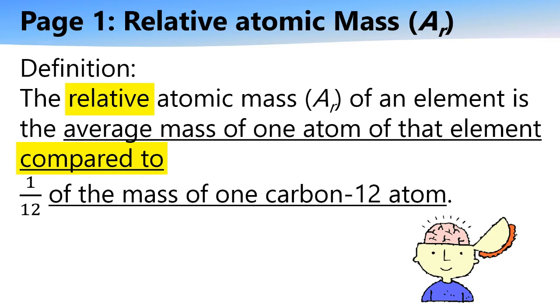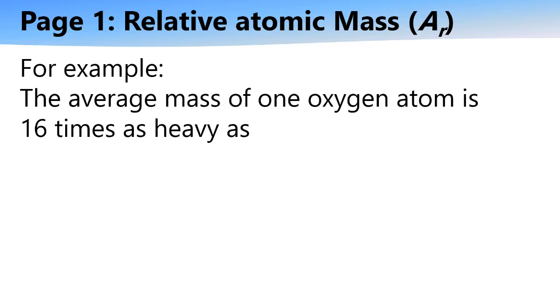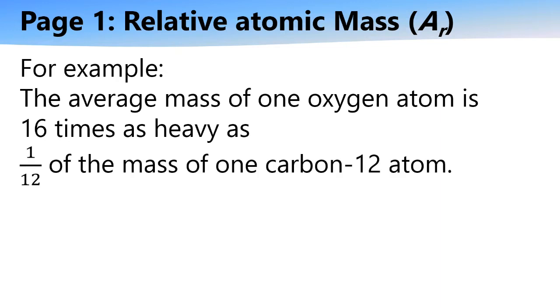So what does this all mean? The definition seems very long and complicated, so let me explain through an example. For example, the average mass of one oxygen atom is 16 times as heavy as 1/12 of the mass of one carbon-12 atom. So this is the reference point, 1/12 of the mass of one carbon-12 atom. Oxygen is 16 times as heavy as that.